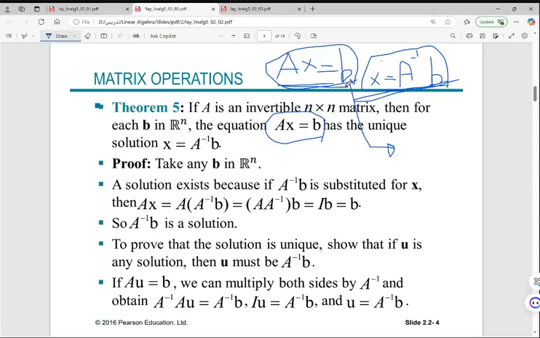Multiplying A inverse by AX equals A inverse times B. Then we will have X equal to A inverse B, because we substitute X using the identity to extract B from X, since B is the result of A times X.